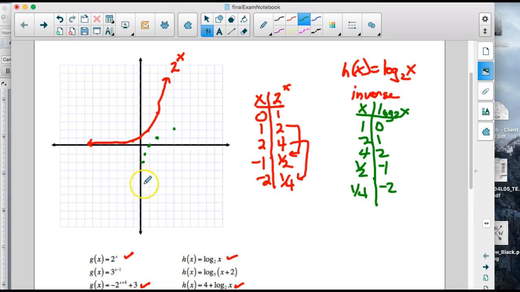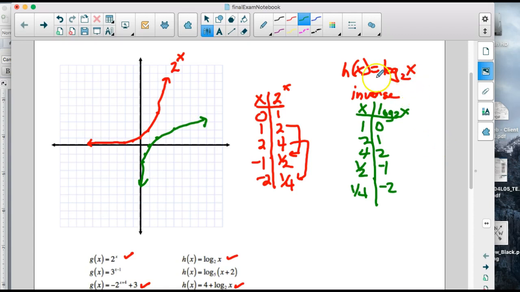So this one bends in this direction away from the y-axis, and it goes up this direction like this. Alright, now those are the 2 functions that are base 2.